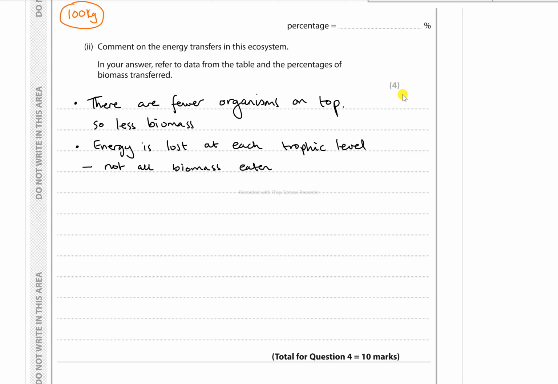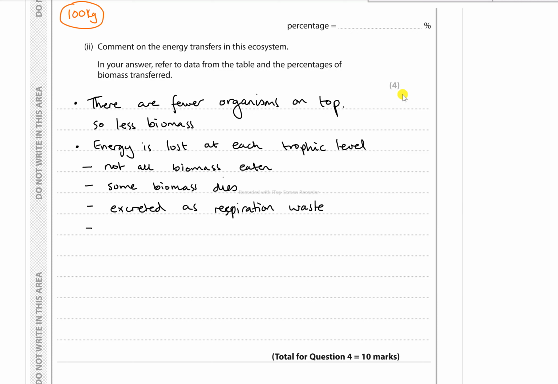So for example, if you have grass, the roots are not eaten. Some of it dies. Some biomass dies. You also get some is excreted as cell waste, as respiration waste.